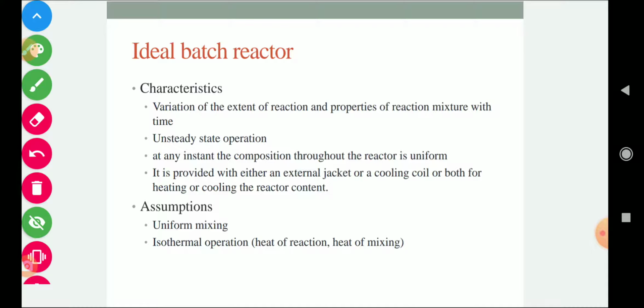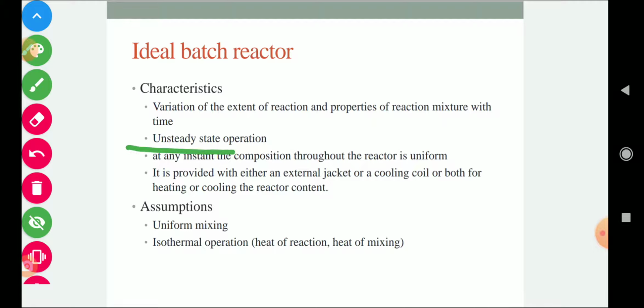Second, this batch reactor is well mixed. It means there is no concentration gradient with respect to position, different position in the reactant, or we can say the temperature and composition is uniform throughout the reactor.